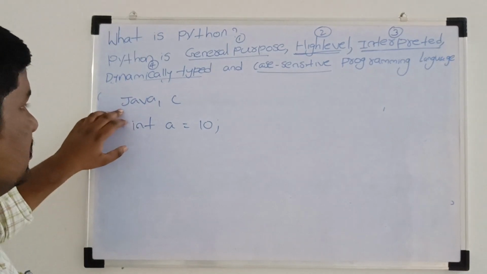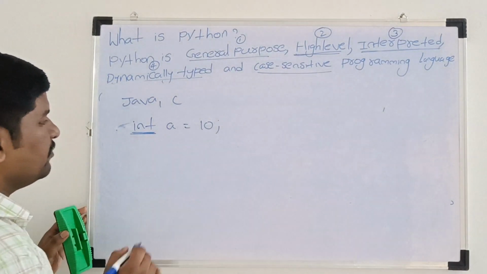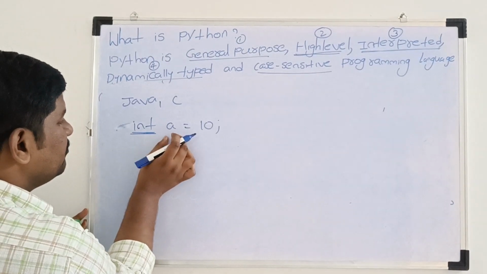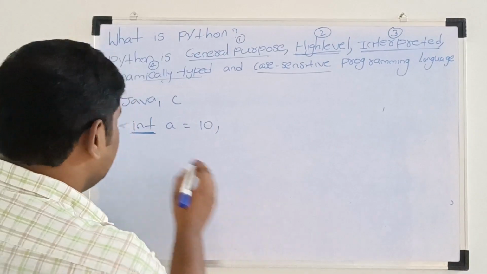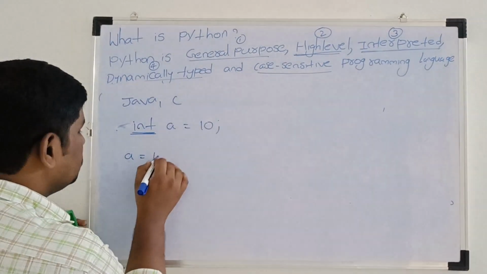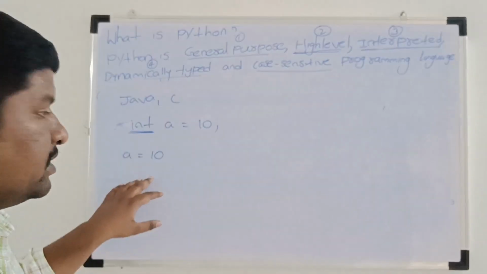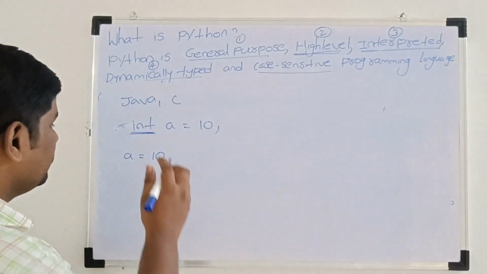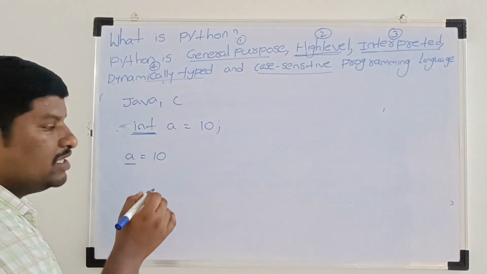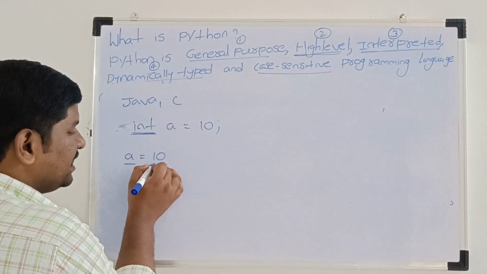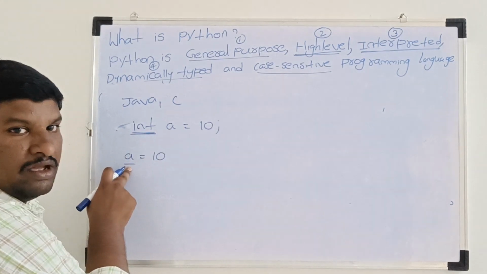But in Python, you can simply write a is equal to 10. This means the variable a is identified by the value 10 stored in it.